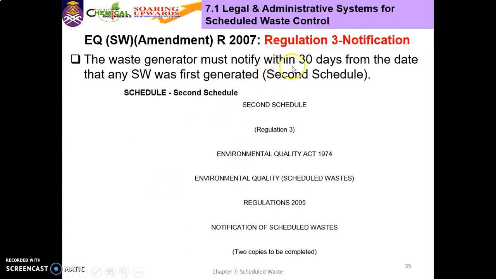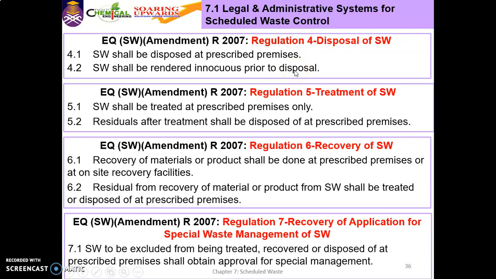Regulation number 3 is the notification. Regulation number 4 is for disposal of scheduled waste: scheduled waste shall be disposed at a prescribed premise. Regulation number 5 is about treatment of scheduled waste, which can only be treated by a prescribed premise.